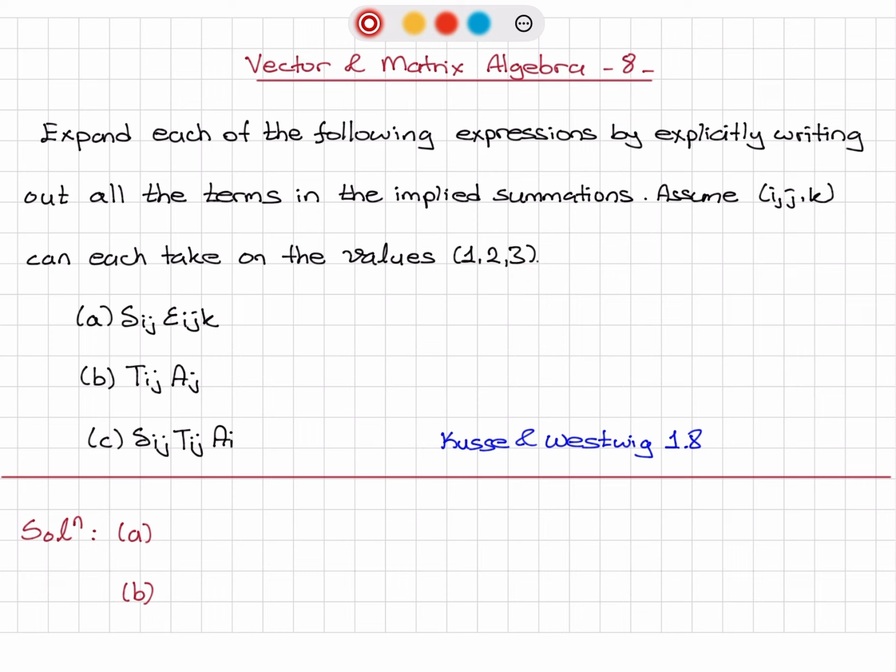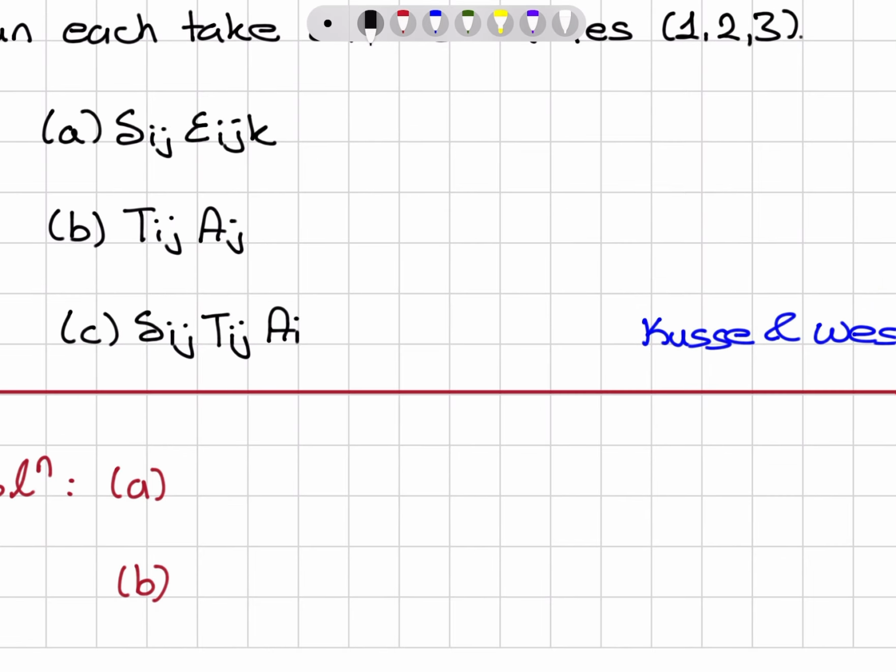First, we're going to do Kronecker delta ij epsilon ijk. Kronecker delta tells us that unless i is equal to j, the answer is 0.